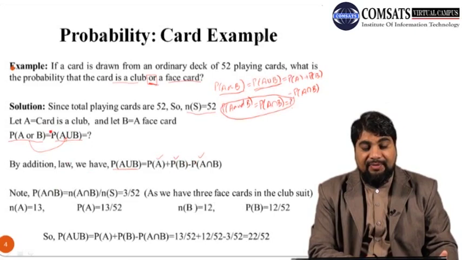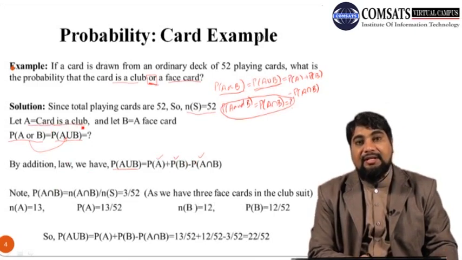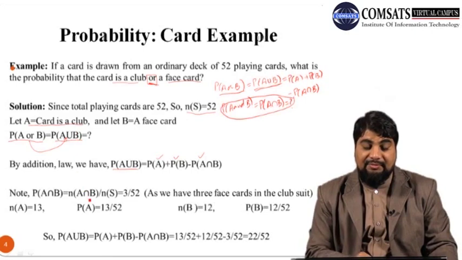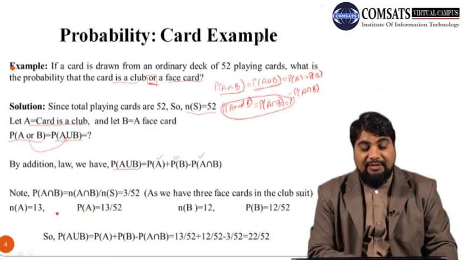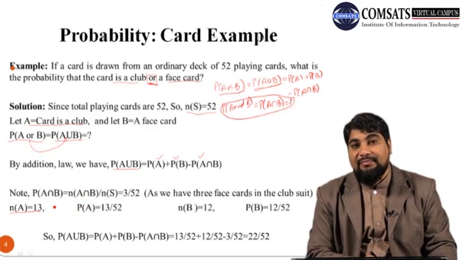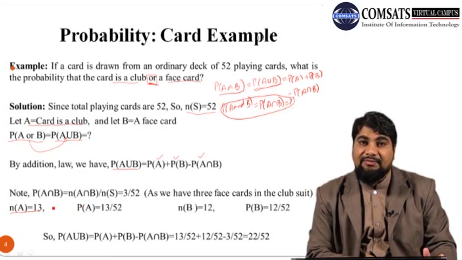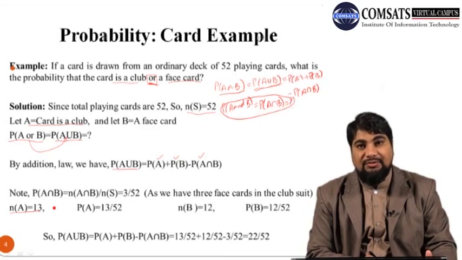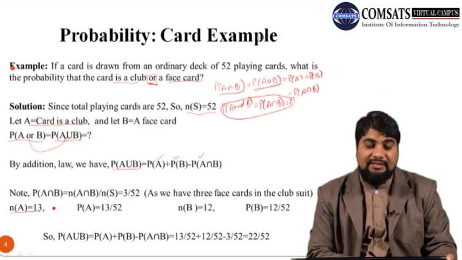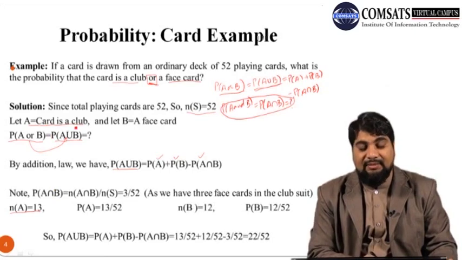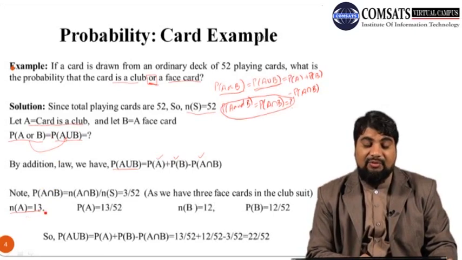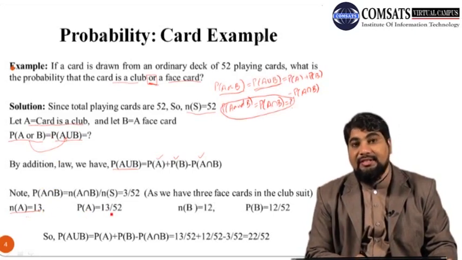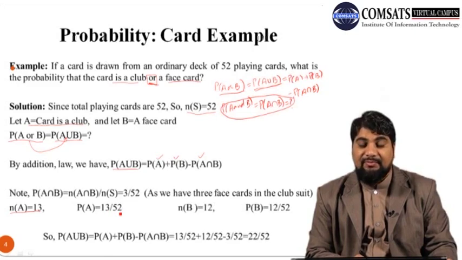A is the event that the card is a club. Since there are 52 cards in total and 4 suits, and one suit is club containing 13 cards, the number of sample points in A is 13, and probability of A is 13 divided by 52.